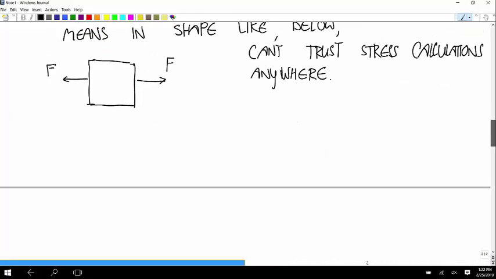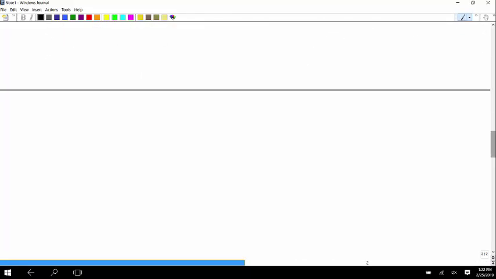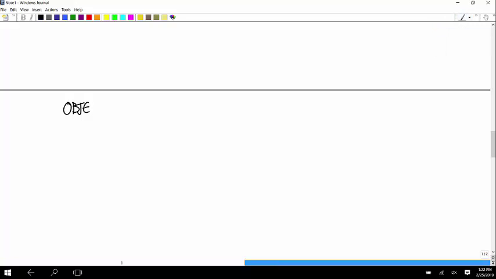Okay, so every kind of stress calculation we're going to do is going to depend on St. Venant's principle. And the first category that we're going to deal with is, I'm going to rename this sometime. If you fail this class, it might be renamed when you take it next time.